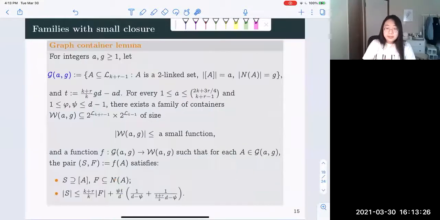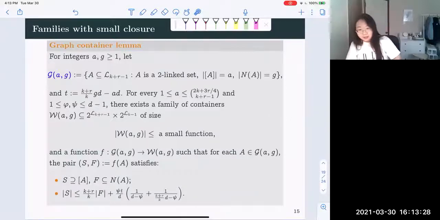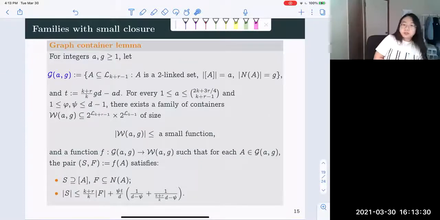On the next page, I present this lemma. It's very technical and pretty long, so I won't expect you to read it carefully. Instead, let me walk you through the main point of this technical lemma.